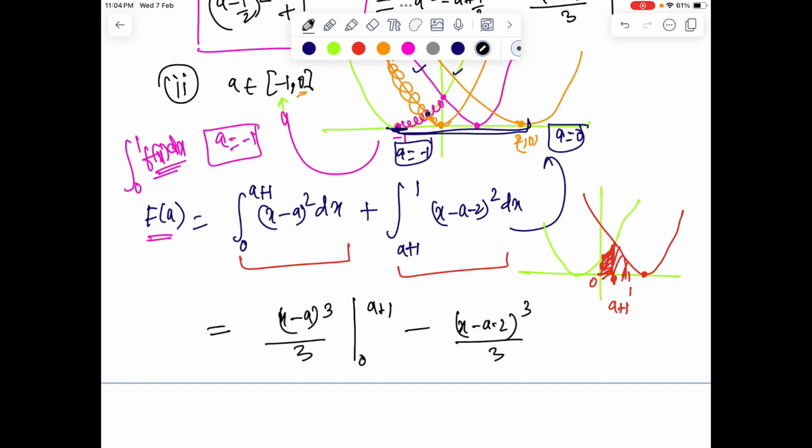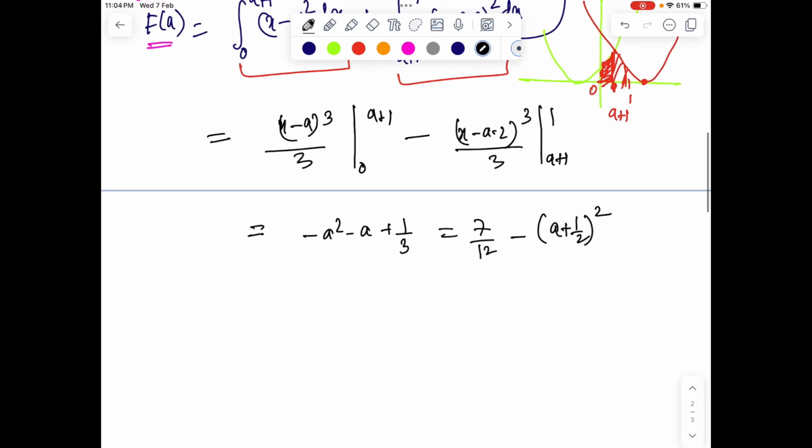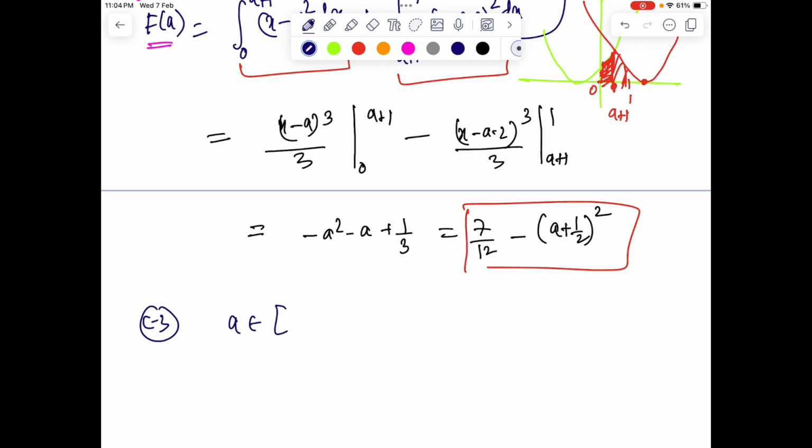Cube over 3 from 0 to a plus 1 minus x minus a minus 2 whole cube by 3 from a plus 1 to 1. And that gives us minus a square minus a plus 1/3, which is 7 by 12 minus a plus half whole square. Okay, so this is the expression that we are getting in this window.